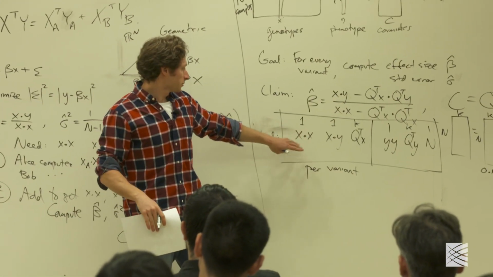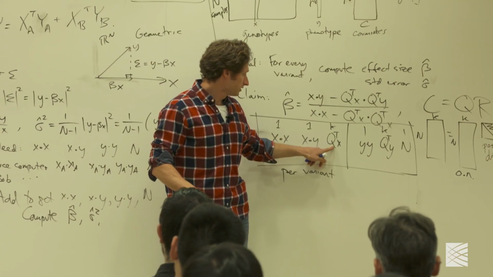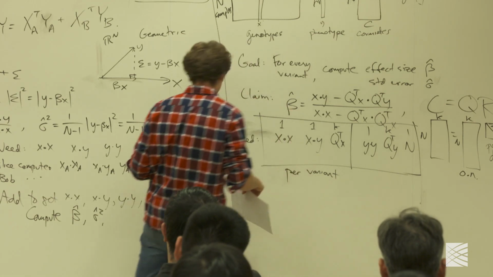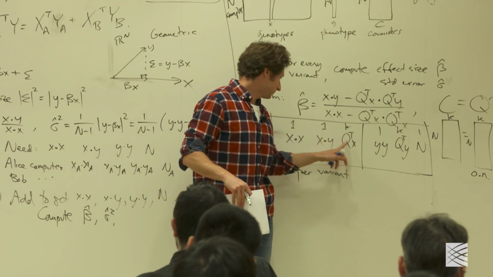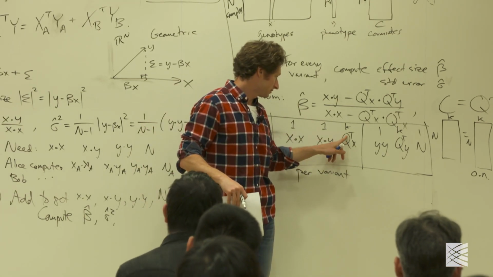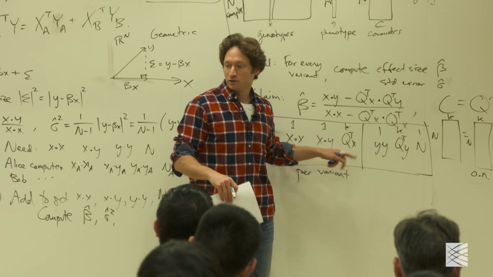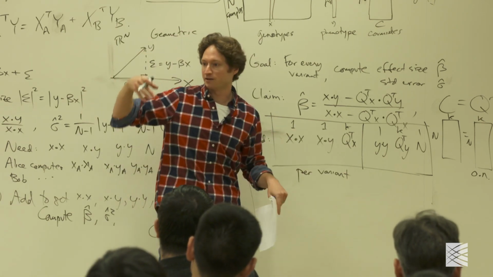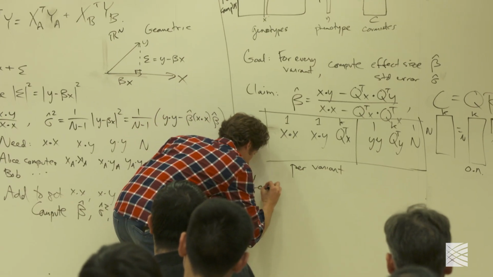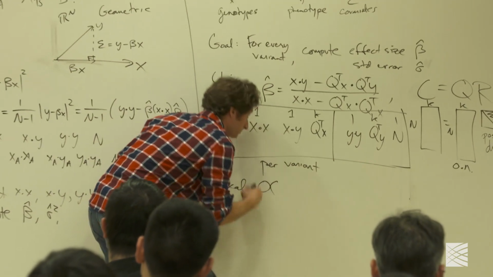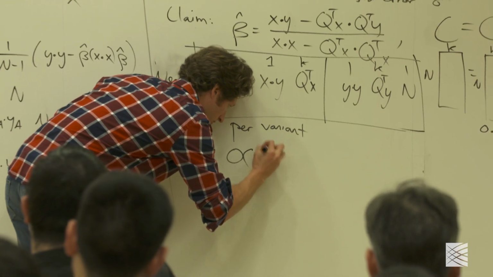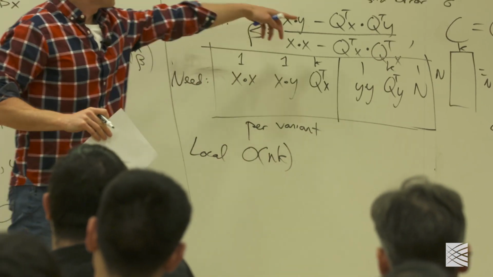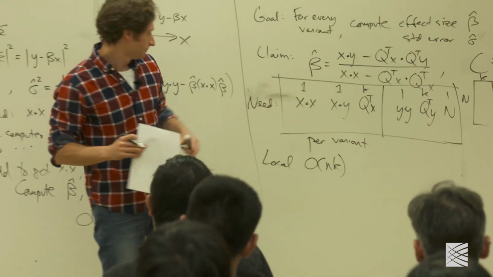Okay? So the local computational cost is really going to be about taking this matrix times this vector. Each party has to take this n by k matrix and multiply it by an n vector. So locally, in plain text, you have order nk compute per variant. It would naively be nk squared if we didn't have this formula, this trick.